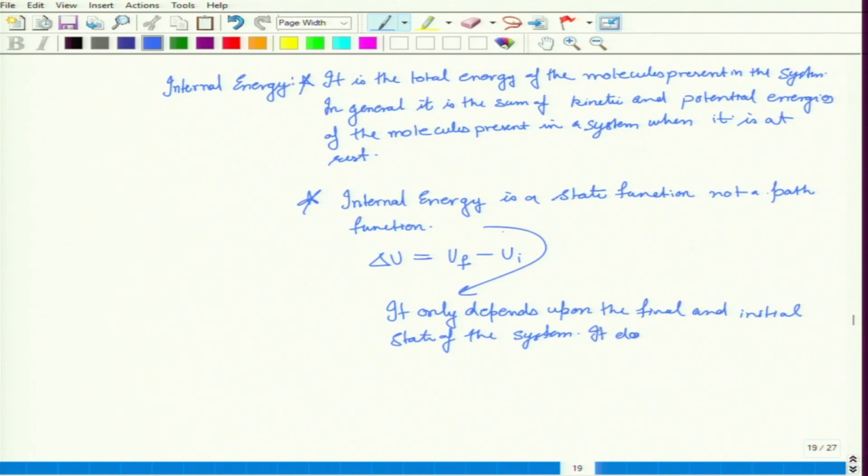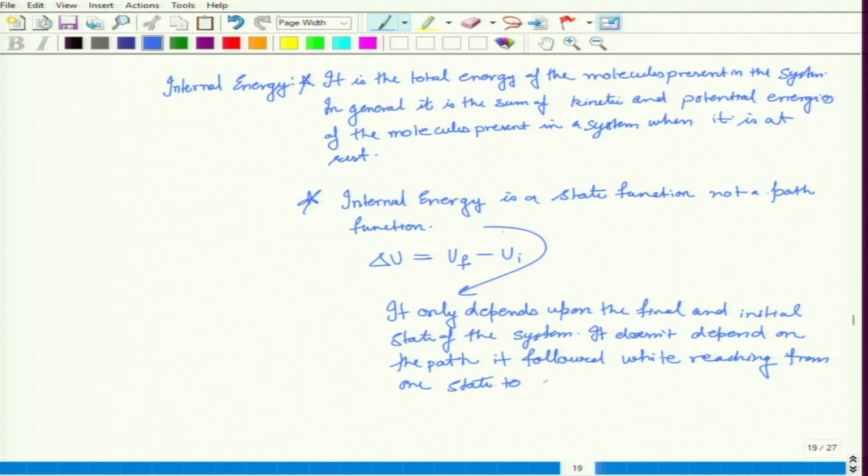It does not depend on the path it followed while reaching from one state to another.